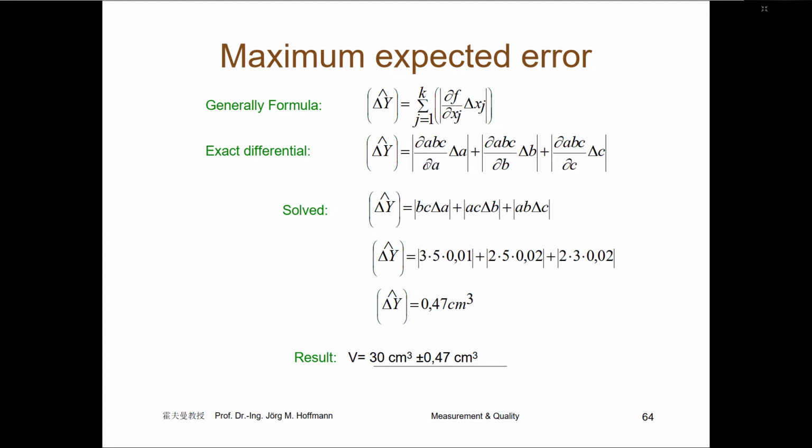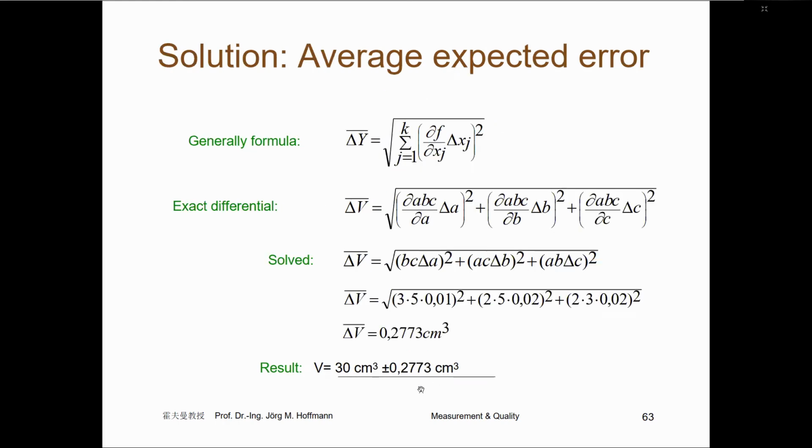You derive ABC with respect to A, ABC with respect to B, ABC with respect to C, and then you get this formula. We put the values in, and the maximum expected error is 0.47 cubic centimeter. The complete result is 3 cubic centimeter plus minus 0.47 cubic centimeter.